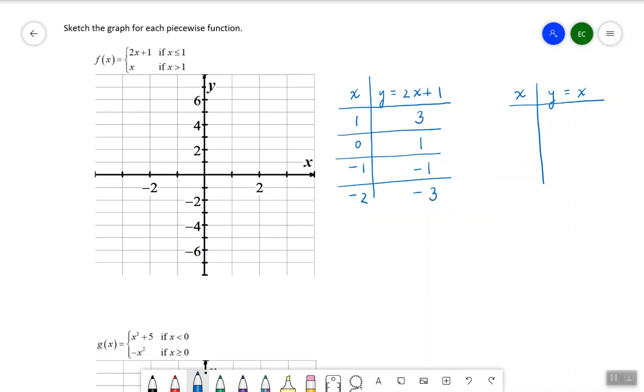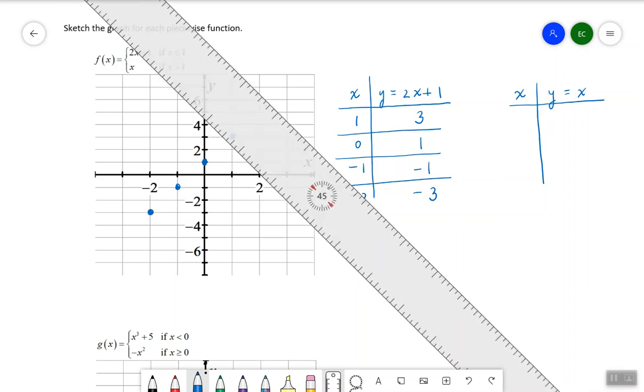And then we can just plot these points. Plot the point at 1, 3. Plot the point at 0, 1. -1, -1. And -2, -3. Notice these points fall on a line, as we would expect.